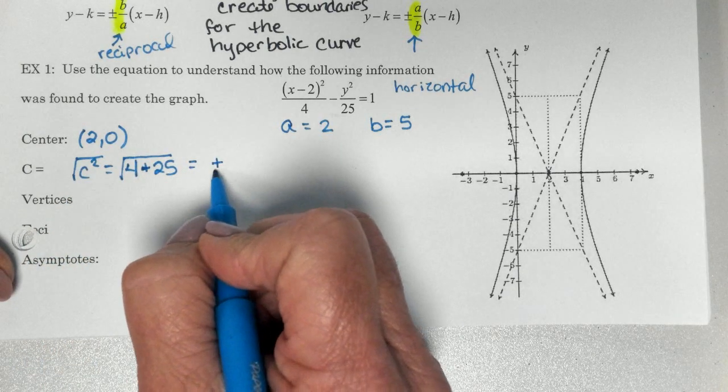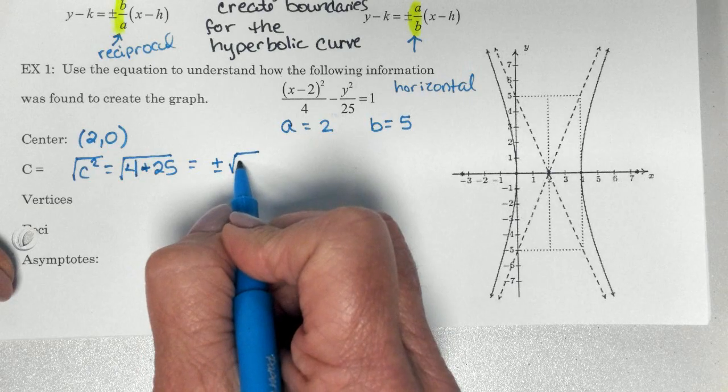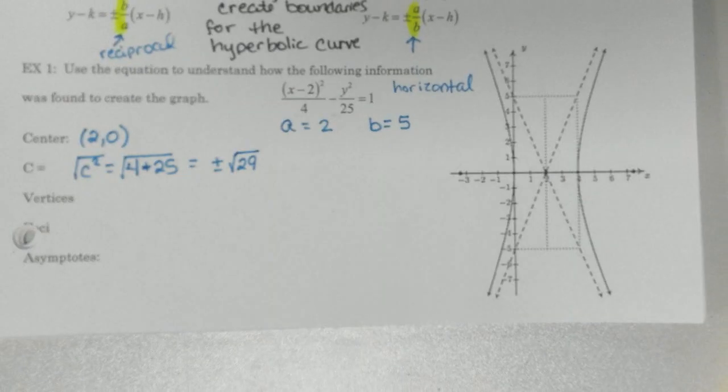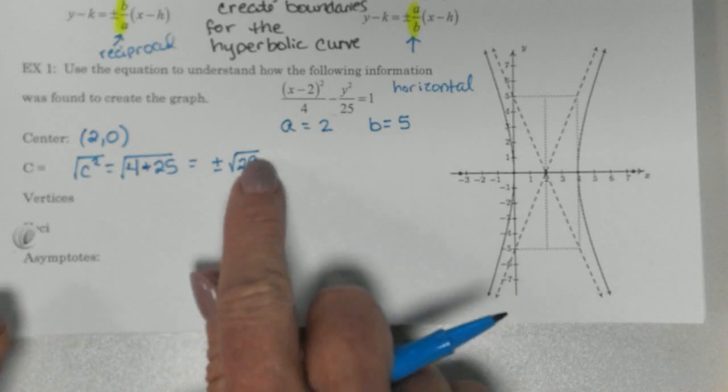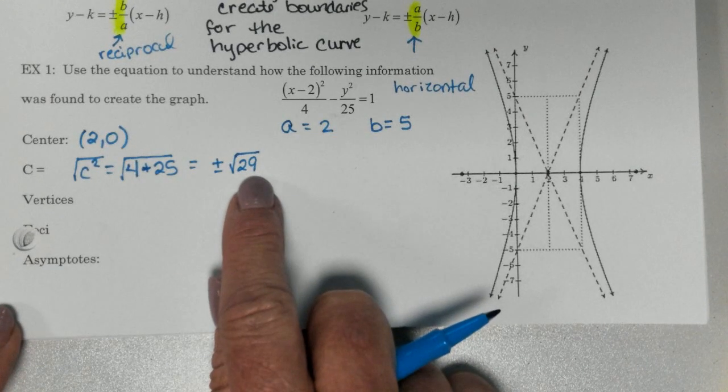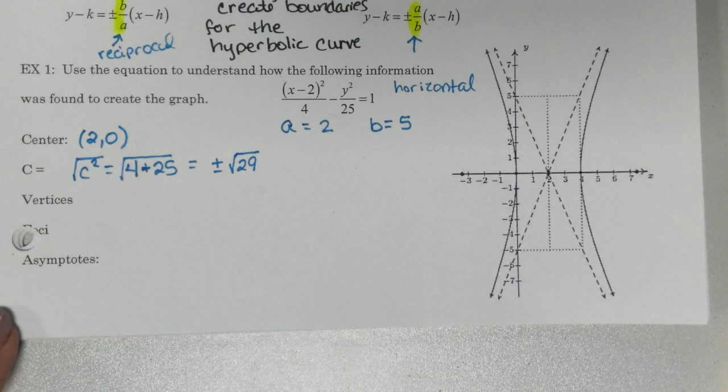We're going to get a positive and negative square root of 29. Not a pretty number. It's okay. Approximately, what would be the square root of 29? Something bigger than 5, just barely bigger than 5, because 29 is between the perfect squares of 25 and 36. So that means its square root is between 5 and 6. All right, but right now that's all we need to worry about.